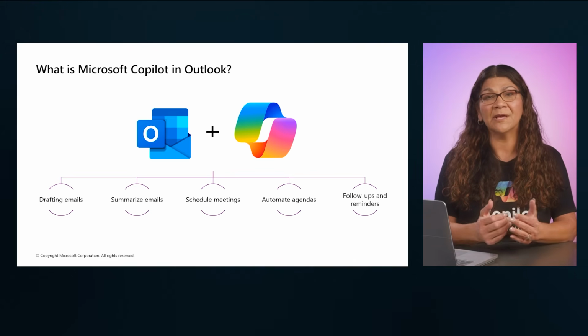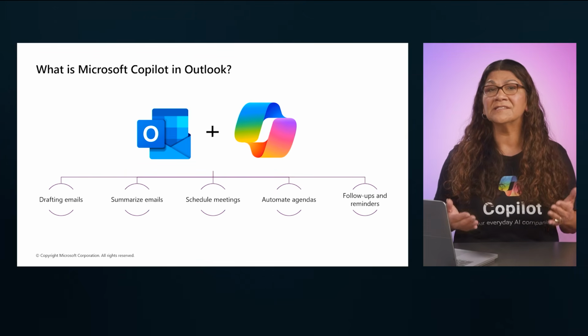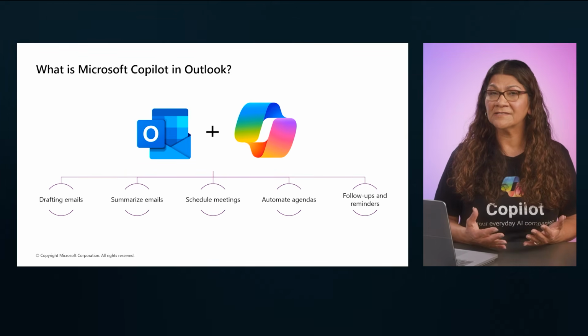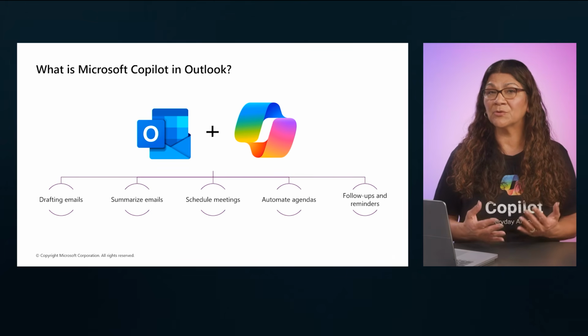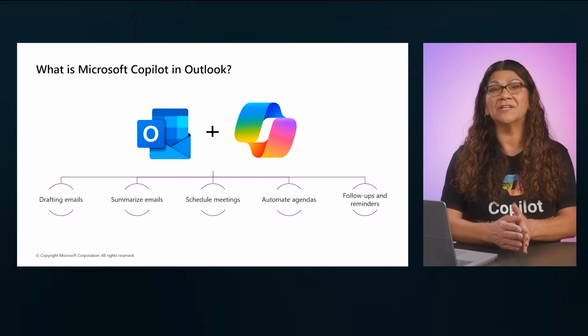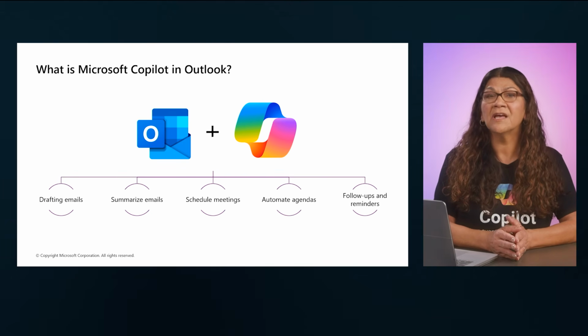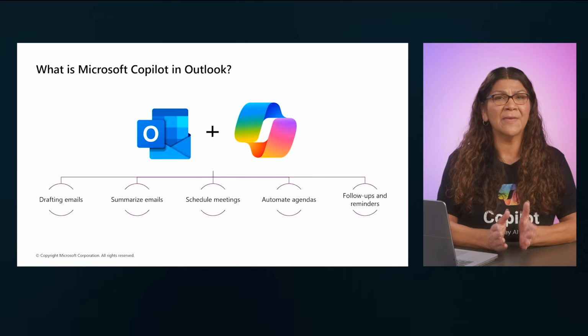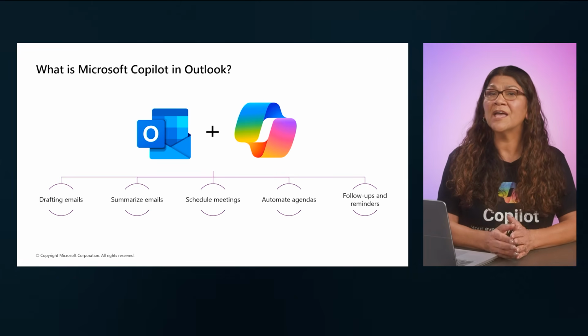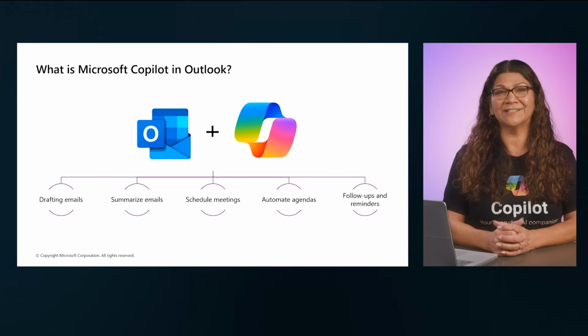Copilot in Outlook steps in by summarizing email threads so you can instantly understand context, draft responses with the right tone, schedule meetings based on discussions, and generate meeting summaries and action lists afterwards. The result is less time managing email and meetings and more time driving projects forward with clarity and confidence.